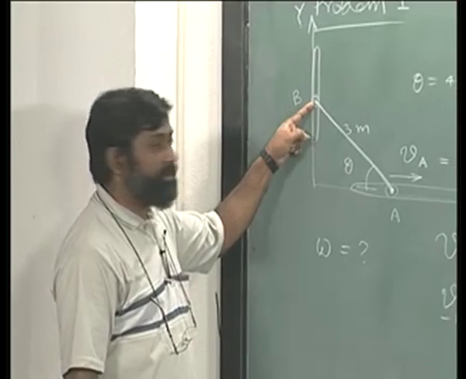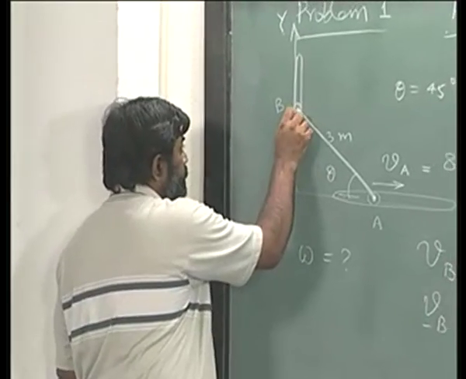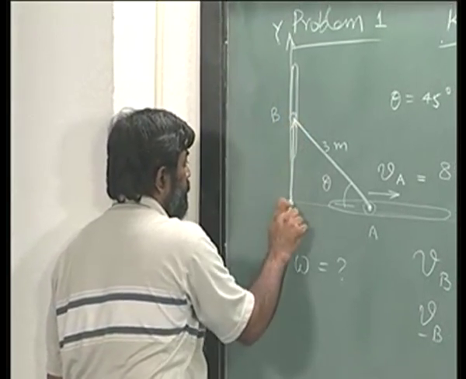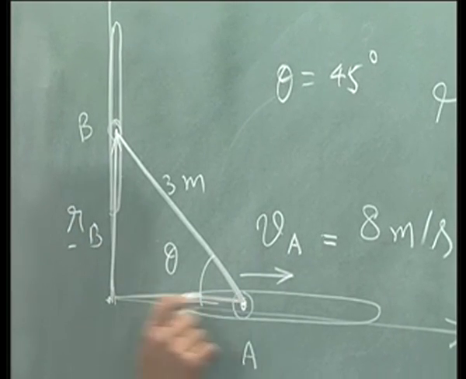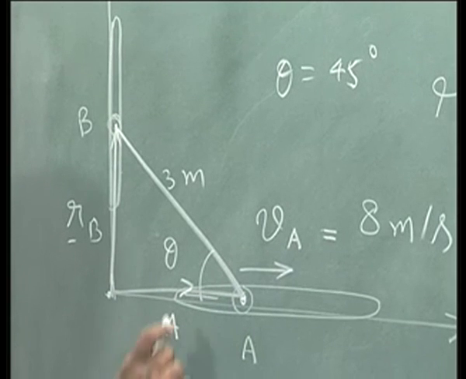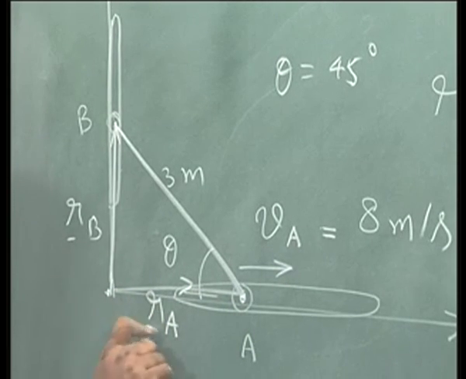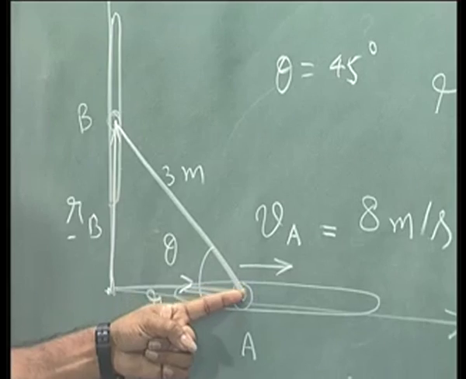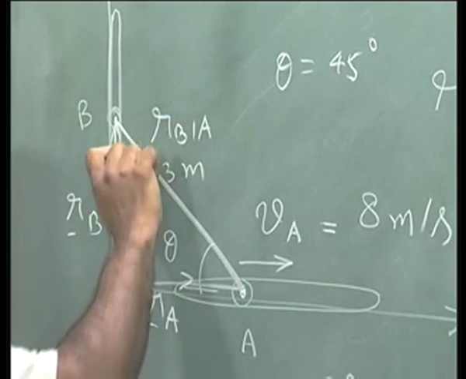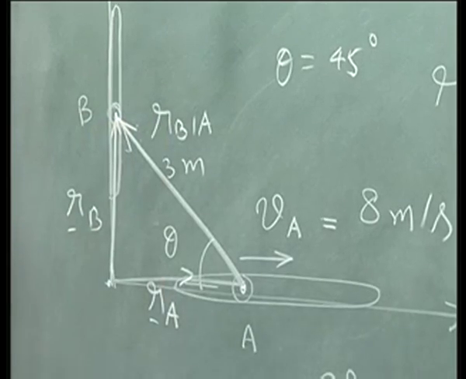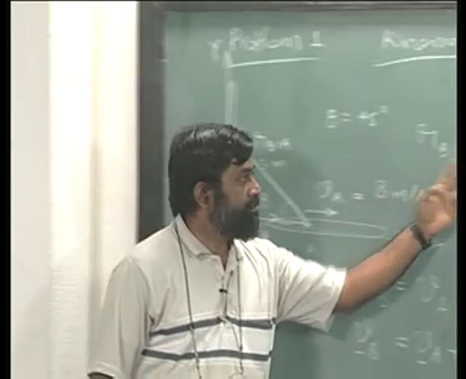If this is the position of B, and this is the position of A, then it is simple, RB minus RA will give me R of B with respect to A. So, this is pretty simple.